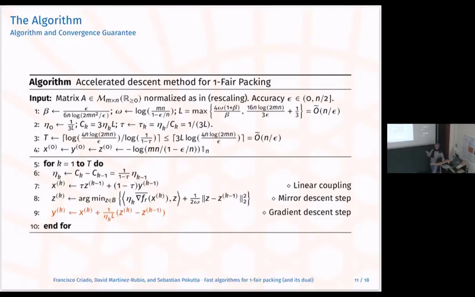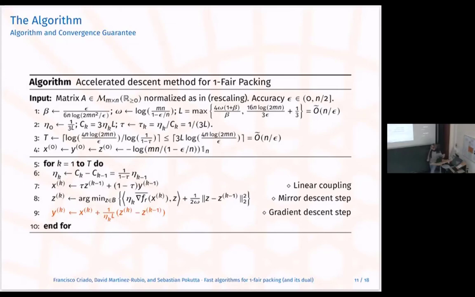Truncation is good enough because we had this nice property that it pushes you back into the feasible region. Then we correct that mirror descent step, because it was actually a relatively bad step, with a gradient descent step afterwards. That step magically fixes everything that we broke beforehand. So that's the whole algorithm. And then, of course, you do the usual setting of nice constants to get acceleration. Not important. You do this after the fact.